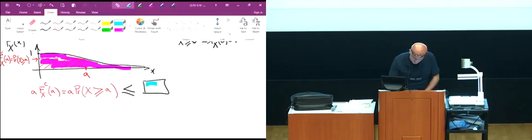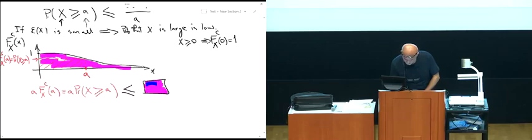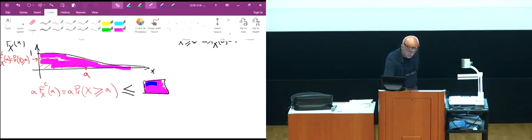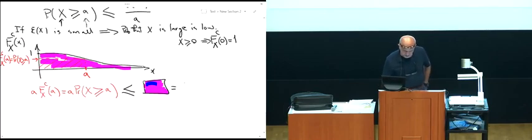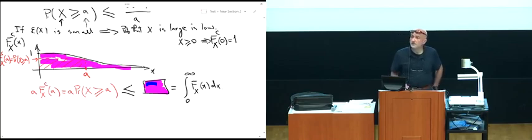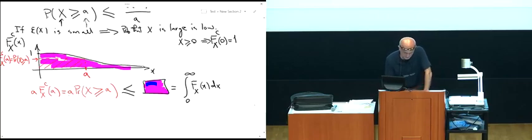Whoa, not that. That. But what is that purple area? Isn't that just the integral from 0 to infinity of the complementary CDF? Yes or no? Yes. Very good. Well, we have our inequality then. I just take this A and put it on the right-hand side. And what did we say about that area?